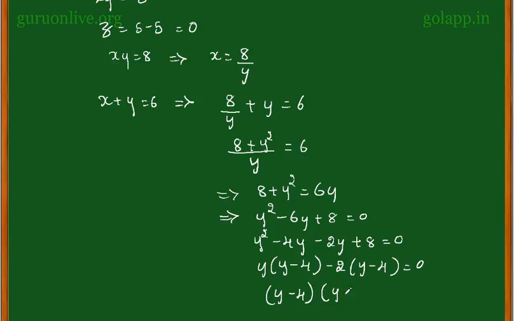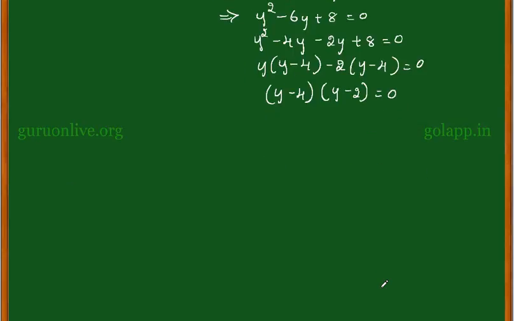I am left with y minus 2, which is equal to 0. From this, I can consider y minus 4 equal to 0 and y minus 2 equal to 0. So from y minus 4 equal to 0, I can say y is equal to 4, and from y minus 2 equal to 0, I can say y equal to 2. So I got two y values. So let me find the x value.